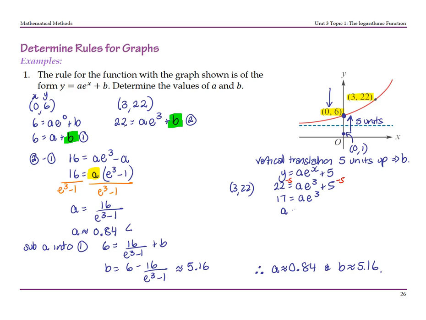So a equals 17 over e to the 3. Now going to the calculator, that is approximately 0.85, which again is very similar to what we got by solving. So two different approaches, one using the coordinates and one using the graph.